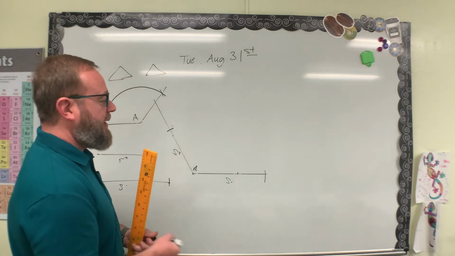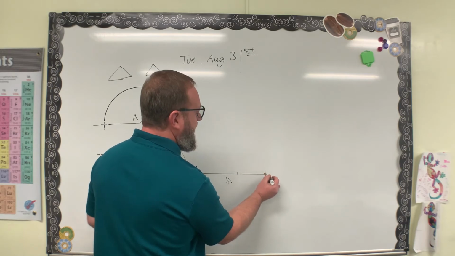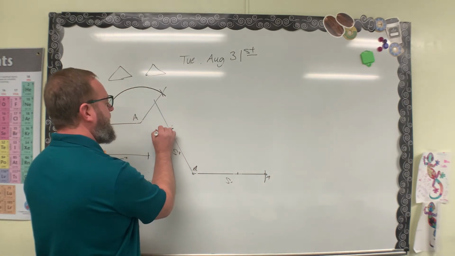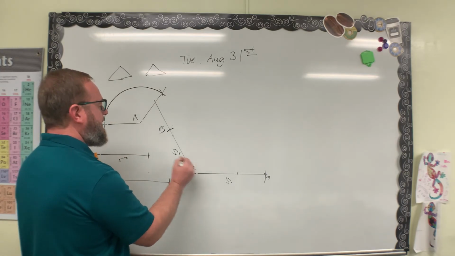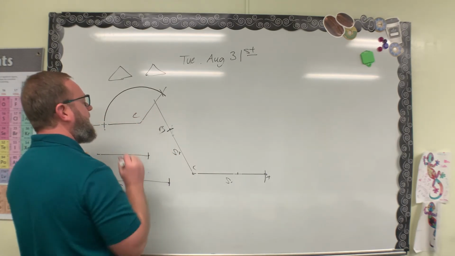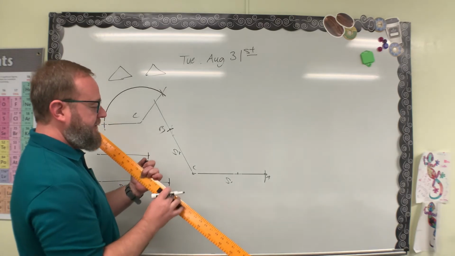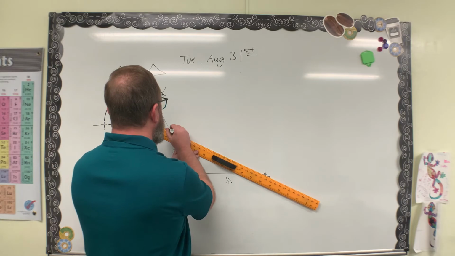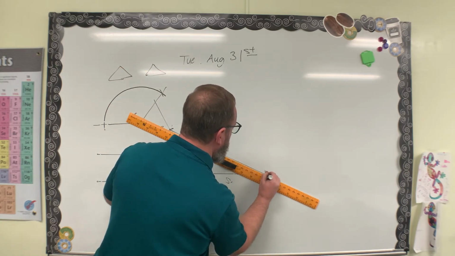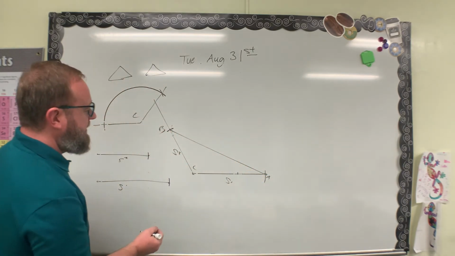These are the points I made. I made that point A, made that point B. You can't label that A, that'd be confusing, so we'll call that angle C. So now I just need to take my straight edge and connect A and B. That was the unknown part.